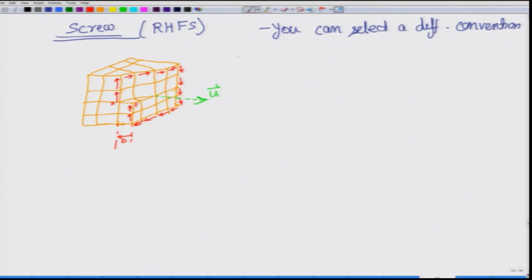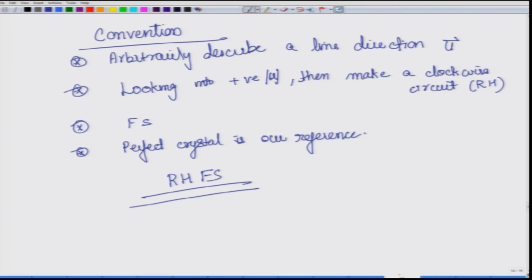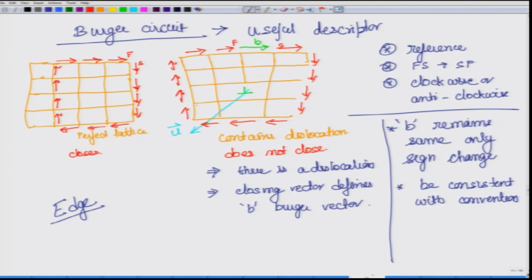So, in this particular case, what you see is that U is anti-parallel to B. Now that I have described it here, let me go back and talk about the edge dislocation.